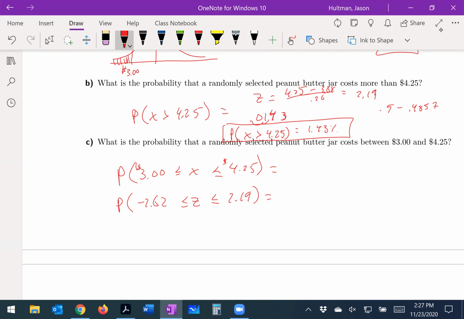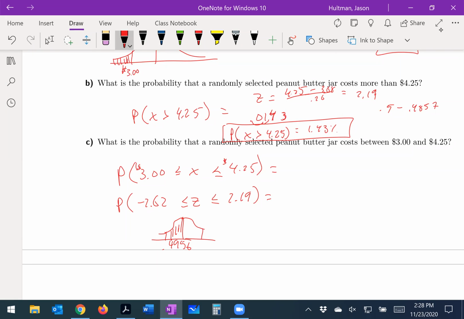The area from the middle down to my z-score for 3 uses the table value of 0.4956.